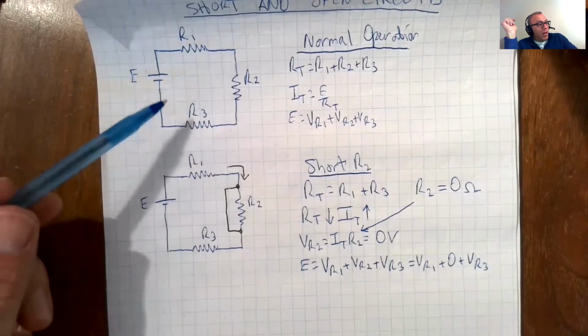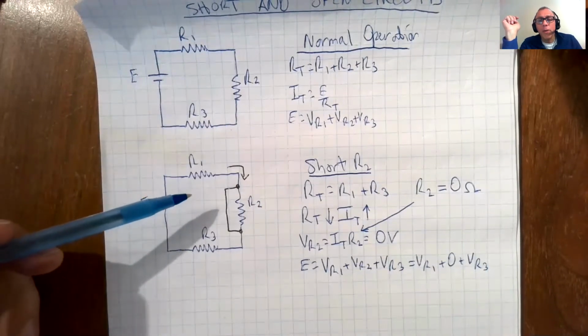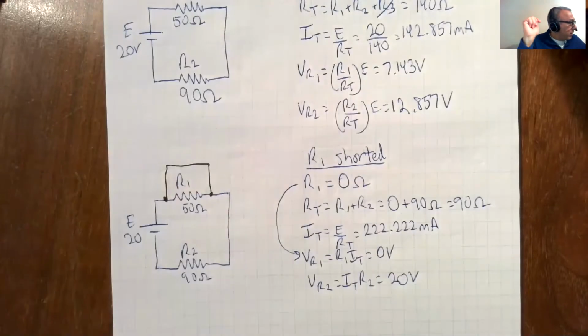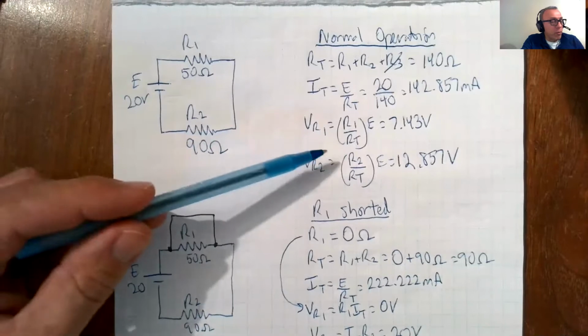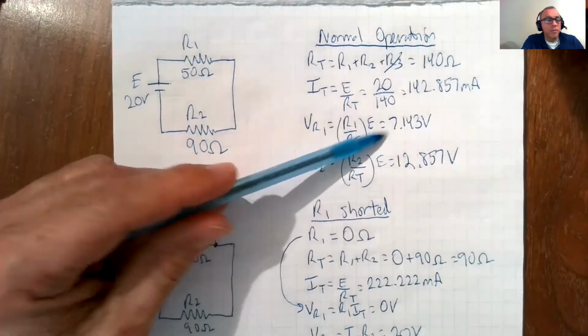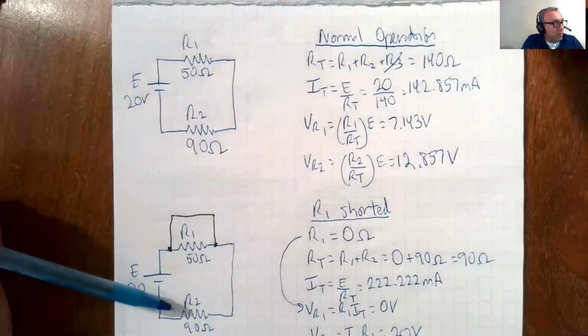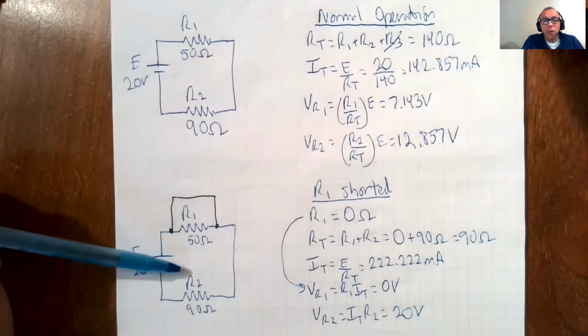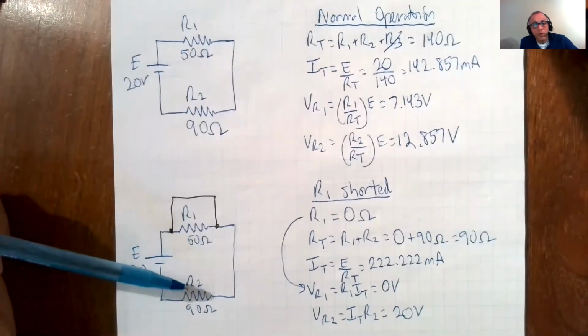So we have this, and now we're taking readings and we say, VR1 is supposed to be 7.143 volts, but it's all dropped across R2. VR1 is 0, and VR2 is the whole 20 volts.